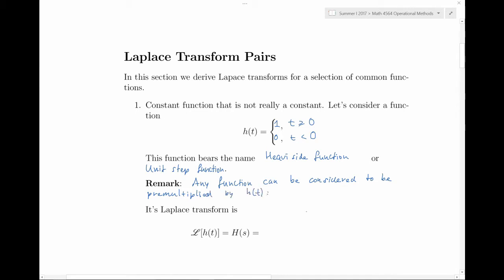So if we're talking about f of t, then f of t is actually h of t times f of t.